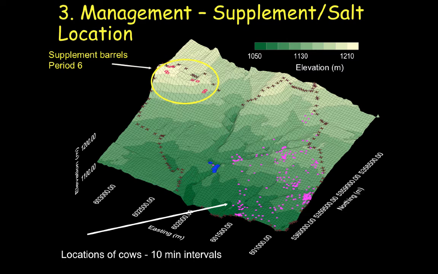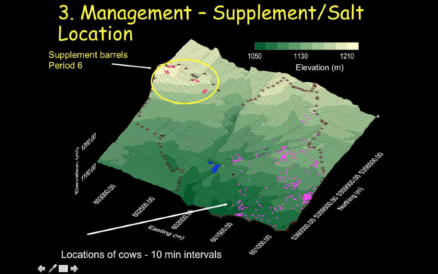So, sorry, this is still under management improvements, but another way you can do that is by strategically placing supplement or salt. So, in this geo model, we have a large pasture that is designated by the brown X's, and then the purple dots are GPS coordinates of one cow that was collared. And you can see here that that cow is a bottom dweller.